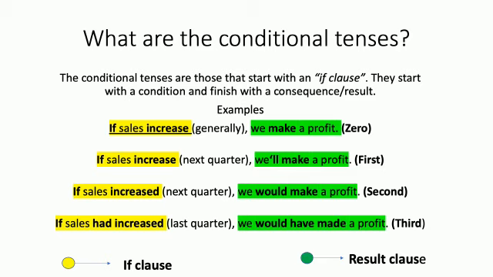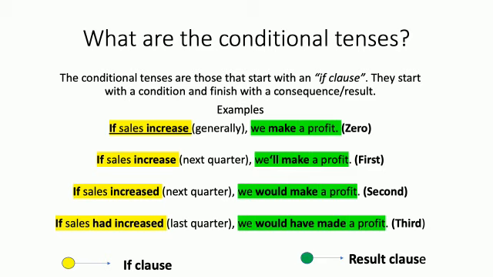Here, just to make an example in your context, we use the first or type 1 conditional if we are talking about next quarter of a fiscal year, for example.